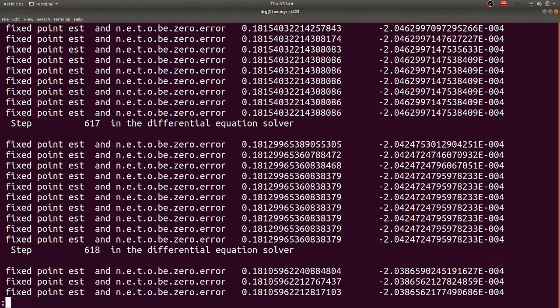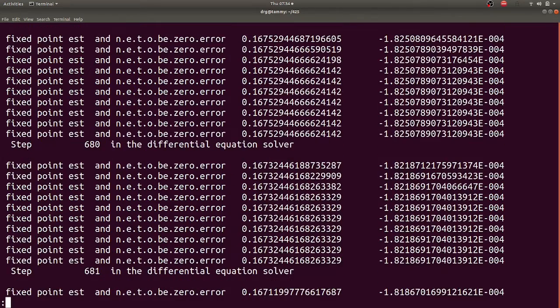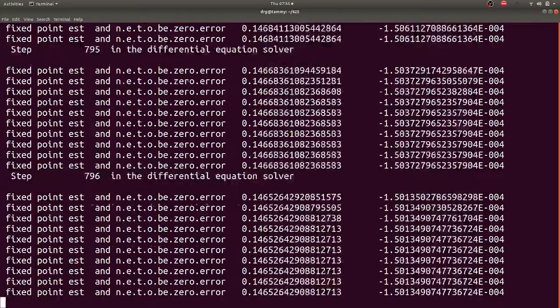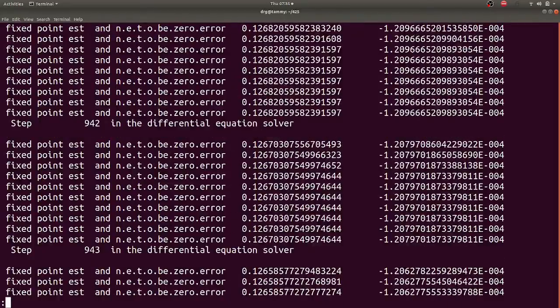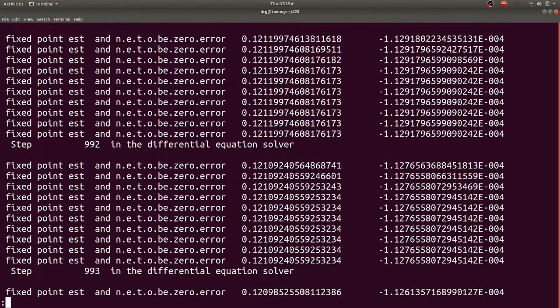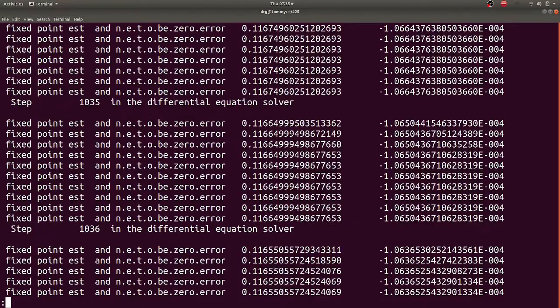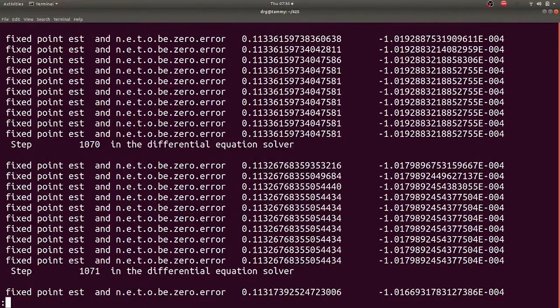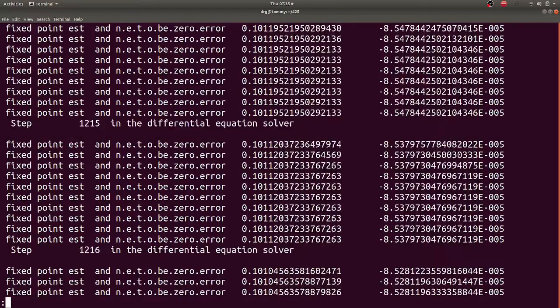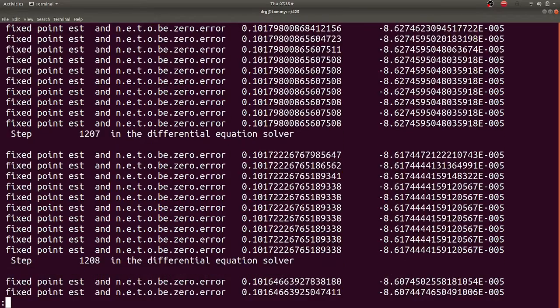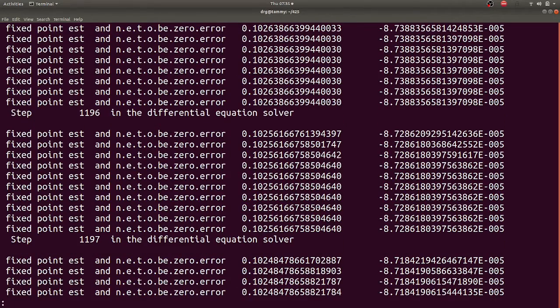I gave it 1,230 subintervals. So we're about halfway through now, and everything seems to be pretty nice. There appears to be no problem at all.